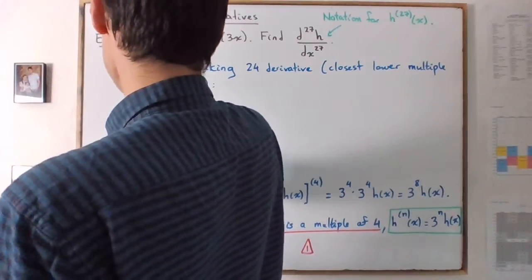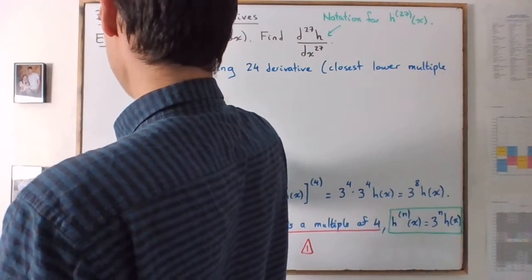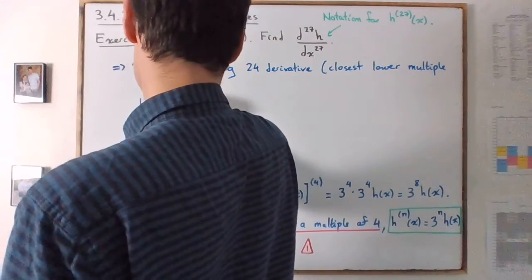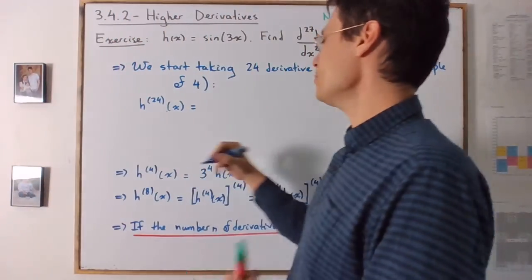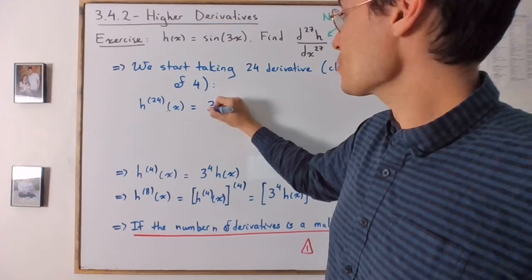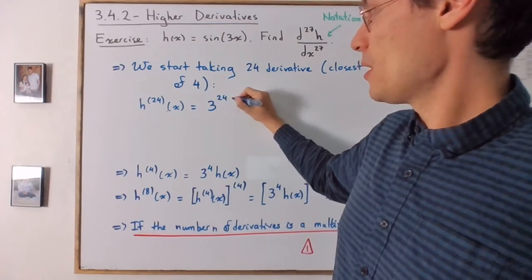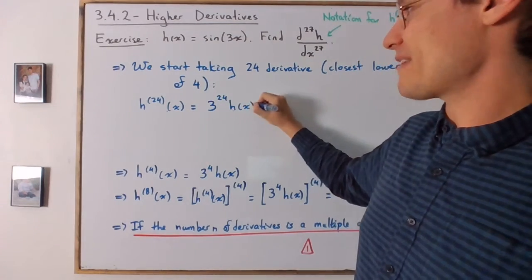What I mean by this is that h24 of x is going to be 3 to the power of 24 multiplied by h of x.